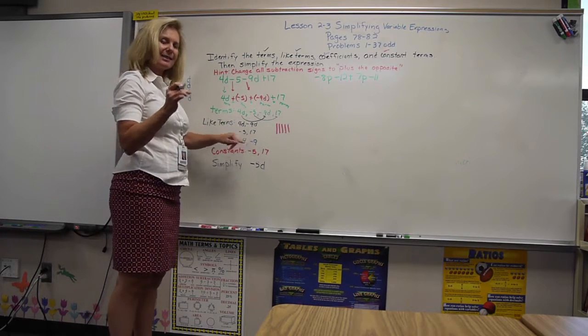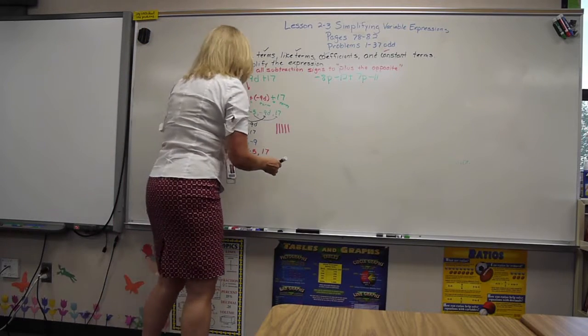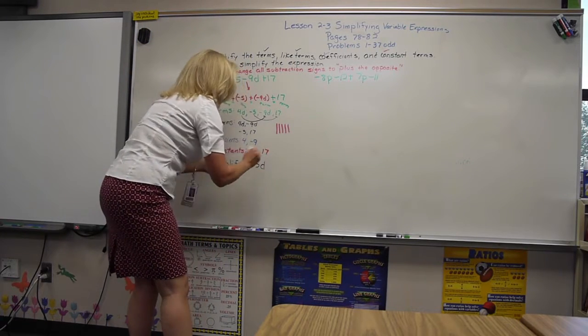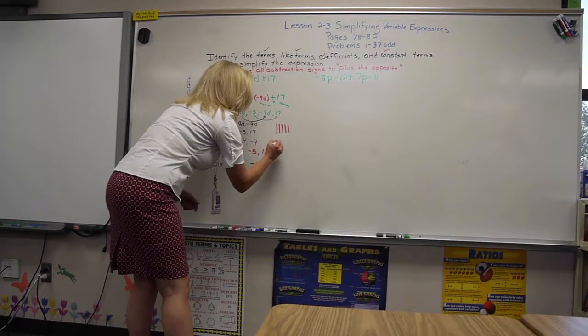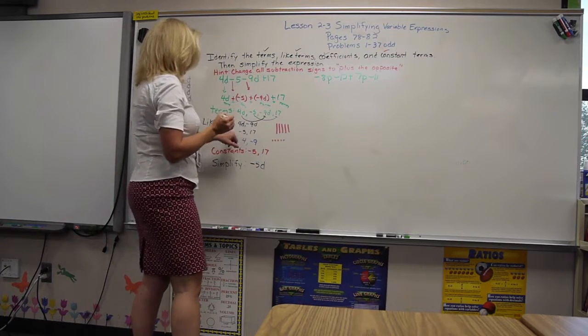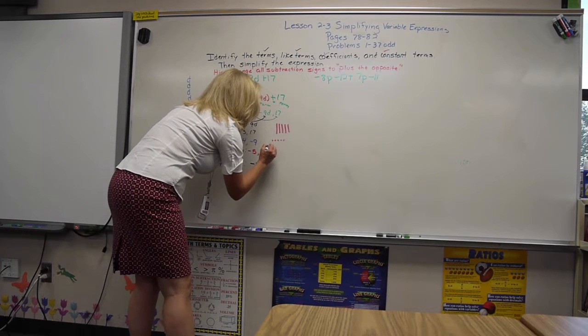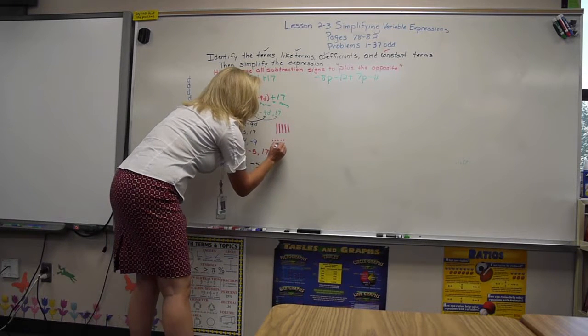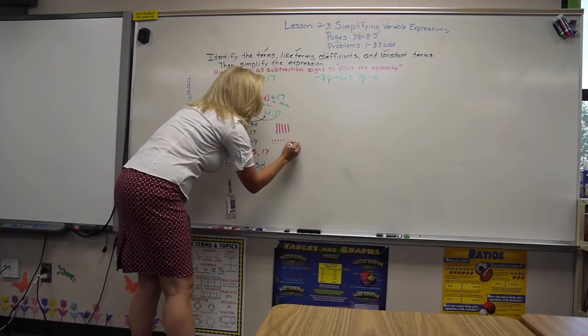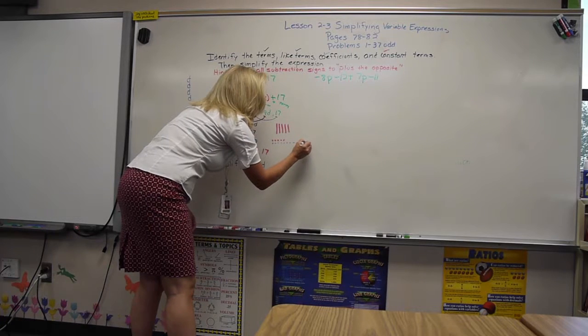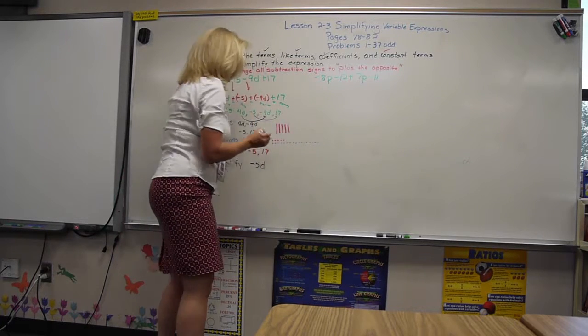Remember, the constants look like those little squares. So I have 5 reds, and I have 17 blacks. 1, 2, 3, 4, 5, 6, 7, 8, 9, 10, 11, 12, 13, 14, 15, 16, 17.